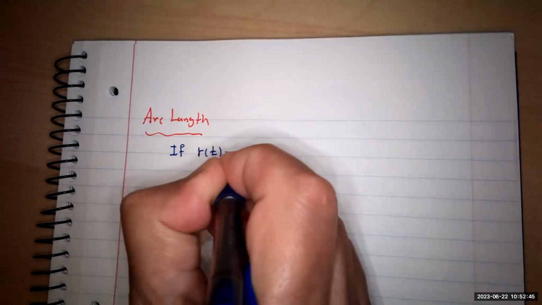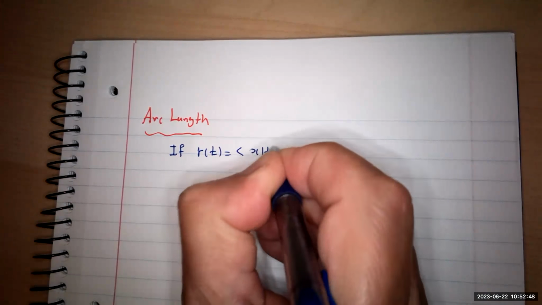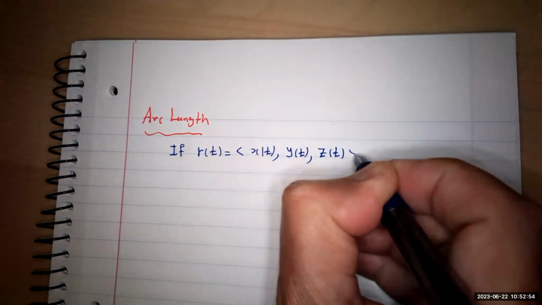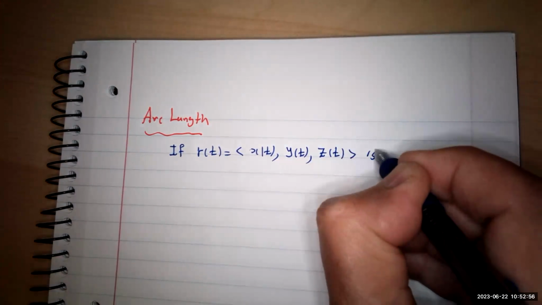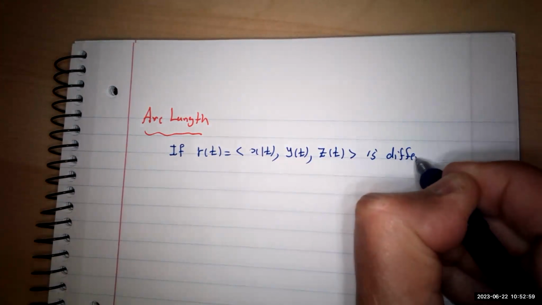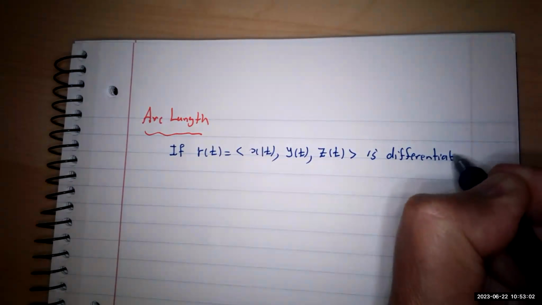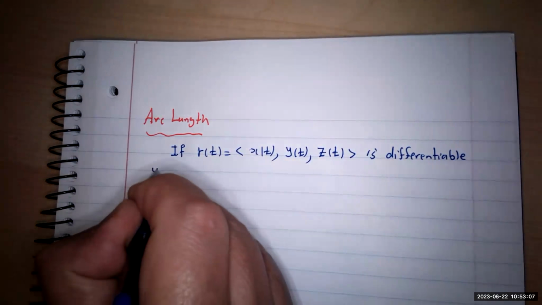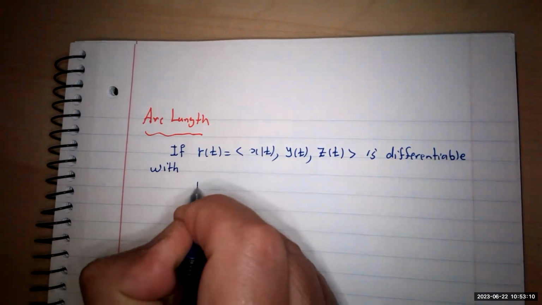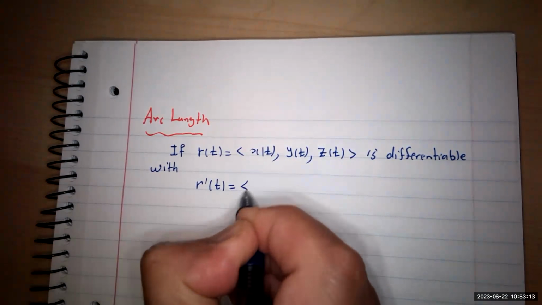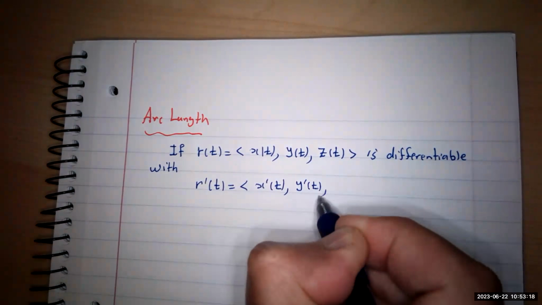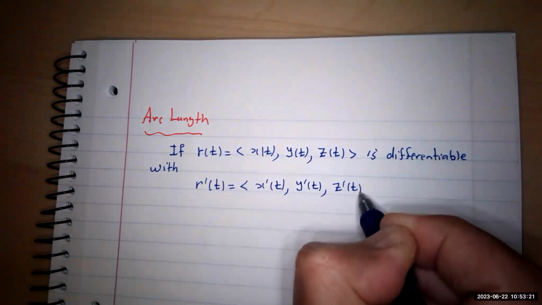If you have a vector valued function, r of t equals x of t, y of t, and z of t, and this is differentiable with the derivative r prime of t, which is x prime of t, y prime of t, and z prime of t.